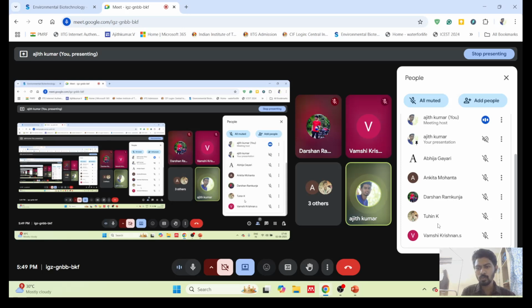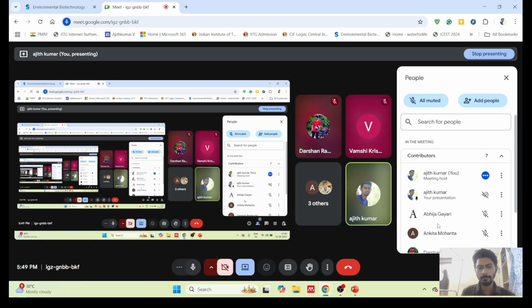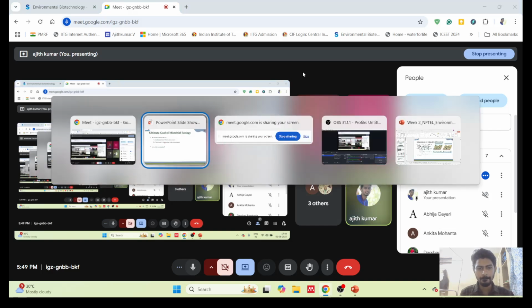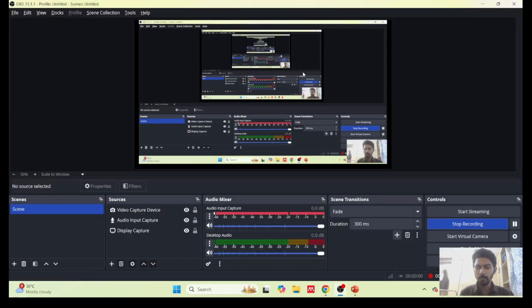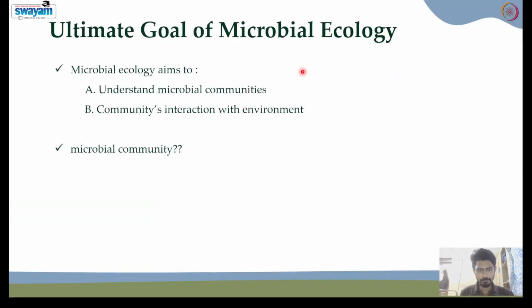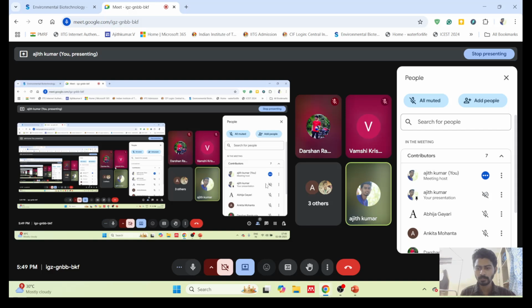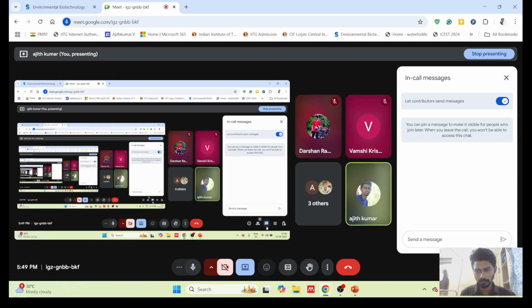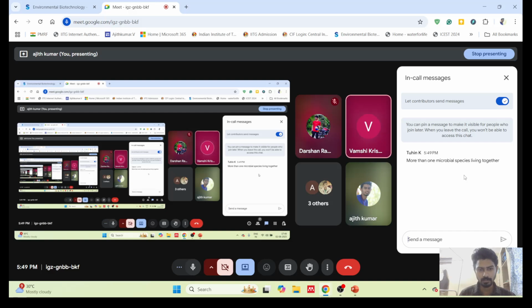Microbial community refers to... Sir, microbial community refers to the group of microorganisms living together.